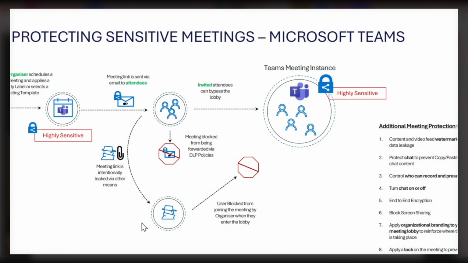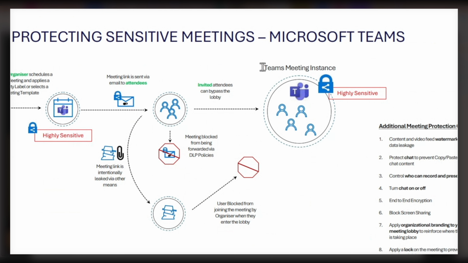So what we do in this instance, and there are some changes coming in future, is we effectively just block that user at the lobby. When we're talking to customers and organizations about how to secure meetings, it's a bit of a change in adoption effort: if somebody appears in your lobby and they weren't invited to the meeting, you either need to authenticate them, ask them who they are, or just flat out deny them from entering.